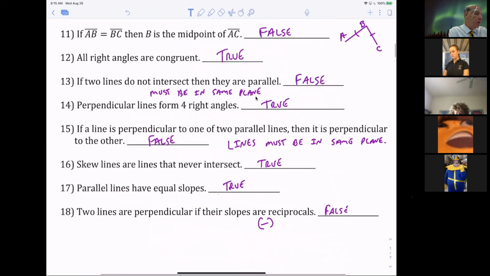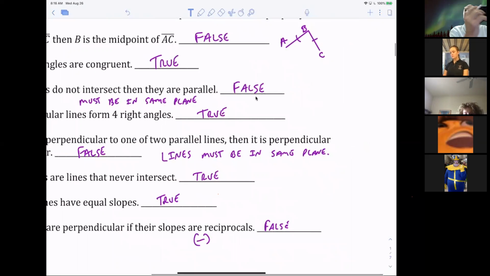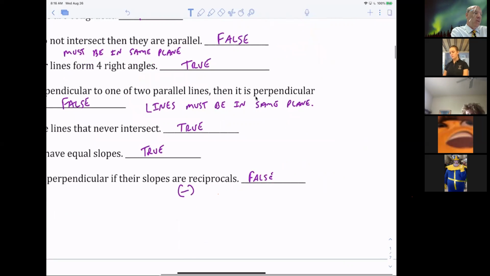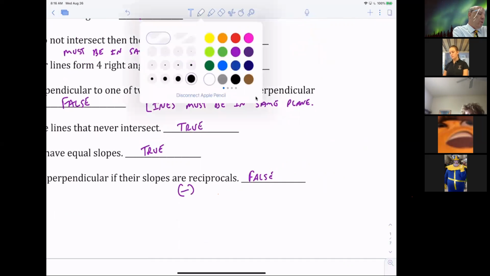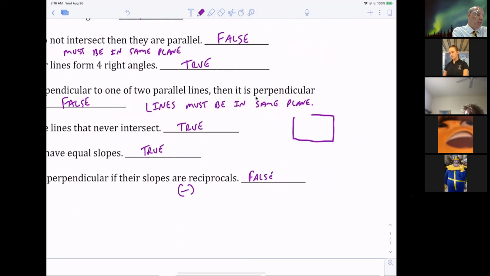If a line is perpendicular to one of 2 parallel lines, then it is perpendicular to the other. You see what I'm saying? Well, it could be like this. Now here, I think what really helped me out on these was thinking about 3-dimensional figures. So if we were to draw, for example, a box real quick.